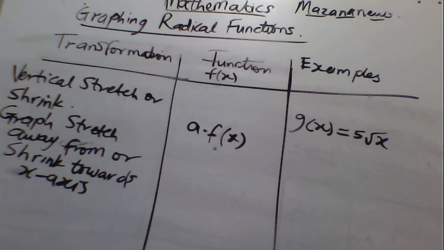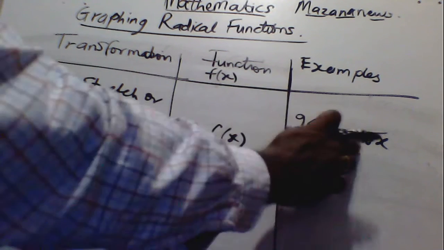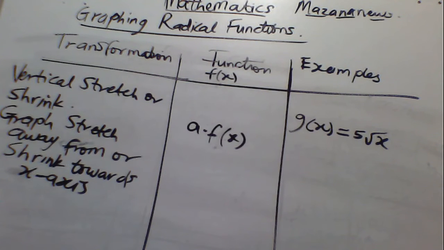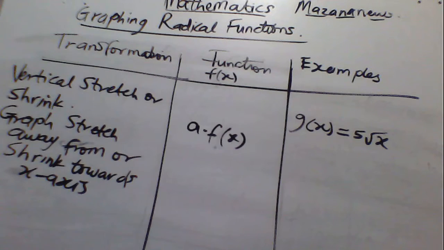It's always your open function multiplied by a constant. Stretch or shrink is always attached to the highest term in a given polynomial expression. So it will attach to the highest term, in this case 5 times the square root of x.